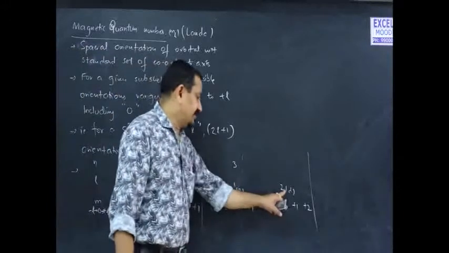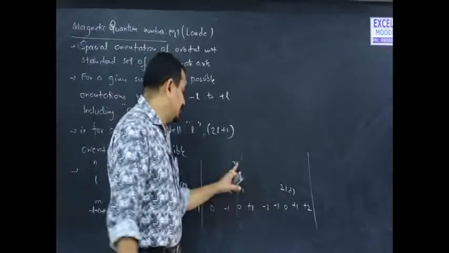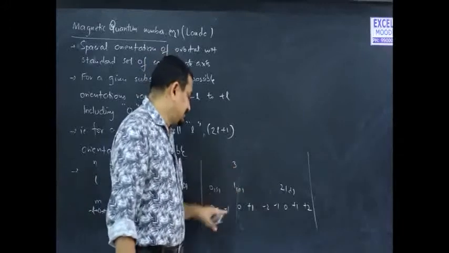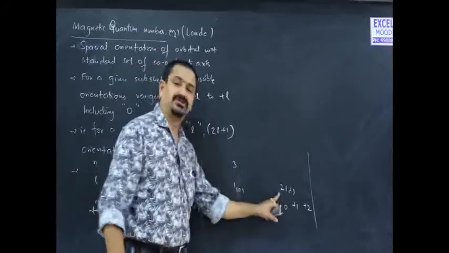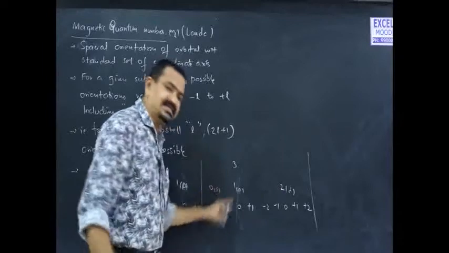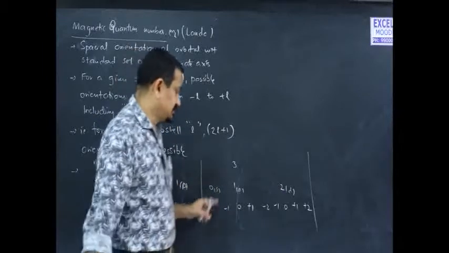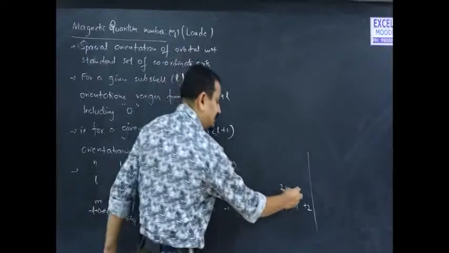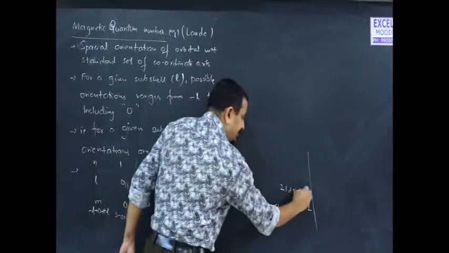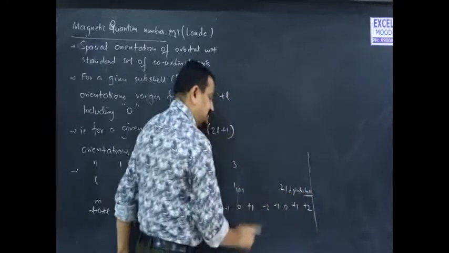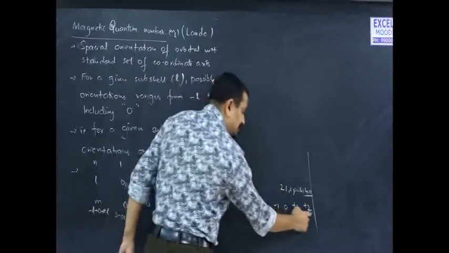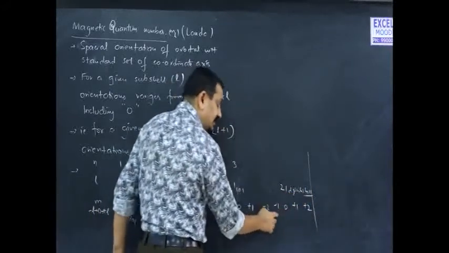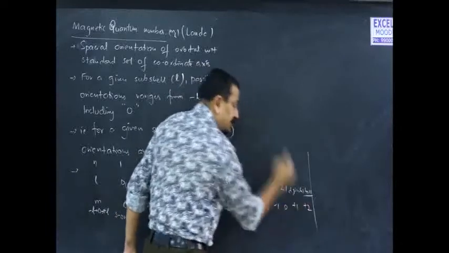Similarly, for azimuthal quantum number 2 under the third orbit, n equal to 3 has 0, 1, 2 sub-energy levels. These two cases we discussed previously. Now, L equals 2 means a d subshell. For a d subshell, how many orientations are possible? Minus 2 to plus 2 including 0 means minus 2, minus 1, 0, plus 1 and plus 2.